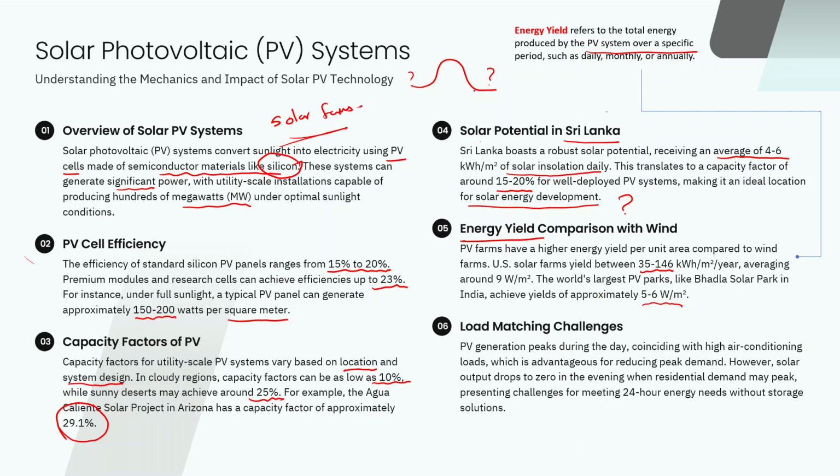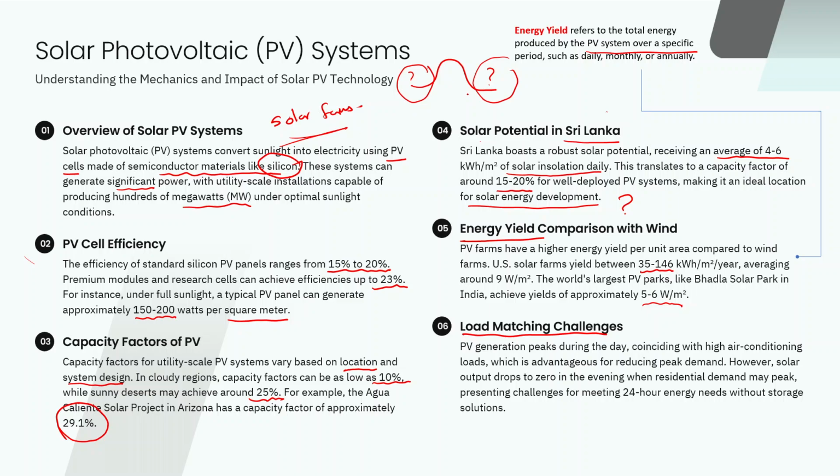So as I said, one of the major challenges is the load matching challenge in PV systems. We don't have sunlight in the night or early morning. So there's no way that you can meet the load demand at this point by using the PV. Okay, so to overcome that, you have to have energy storage.